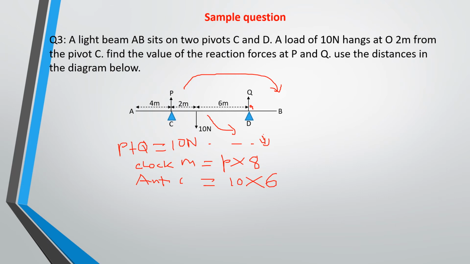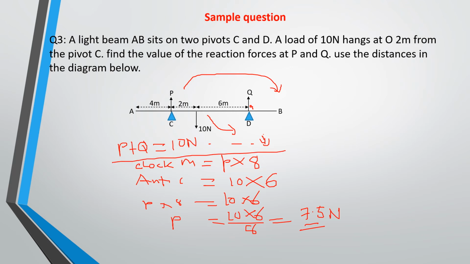Applying the principle of moment, clockwise moment is equal to anti-clockwise moment. So we have P times 8 is equal to 10 times 6. So P will be equal to 10 times 6 all over 8. By the time you work this out, you have 7.5 Newton.